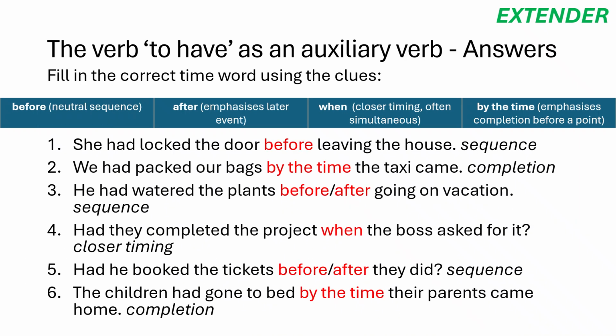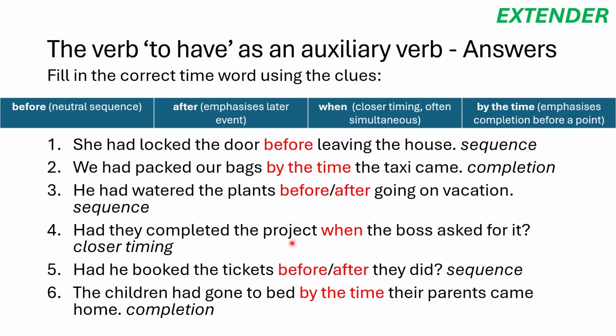Check your answers. 1. She had locked the door before leaving the house. 2. We had packed our bags by the time the taxi came. 3. He had watered the plants before going on vacation, or he had watered the plants after going on vacation. Before and after are both acceptable in this sentence. 4.